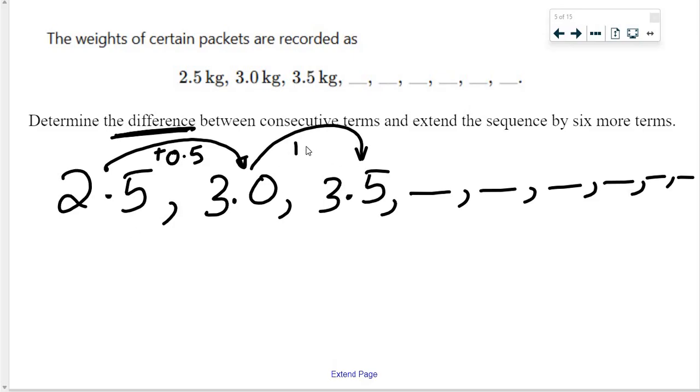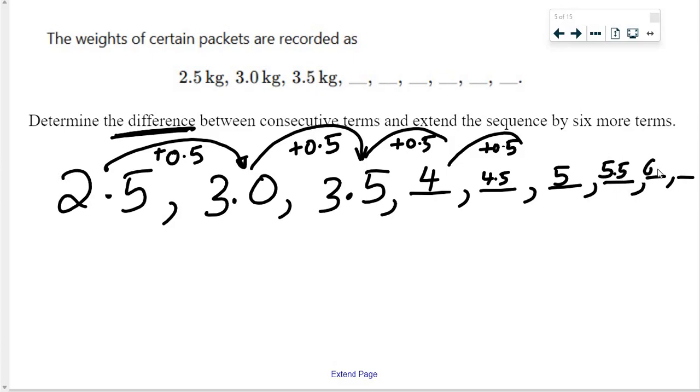Also, we add 0.5. Also, we keep adding 0.5. So add 0.5, we're going to get 4. Add 0.5, we're going to get 4.5. And then keep adding 0.5. So this is 5, 5.5, then 6.0, we may say, and then 6.5.